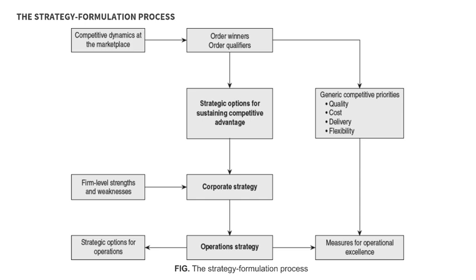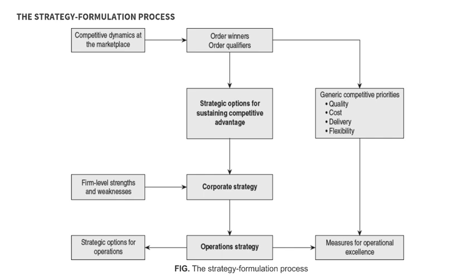And this is a 10 mark important possible question. It's called the strategy formulation process. So here we have different steps. Please look at the diagram. The first one is competitive dynamics at the marketplace. The second is order winners and order qualifiers. Then we have strategic options for sustaining competitive advantage.